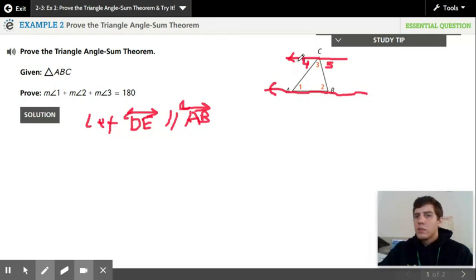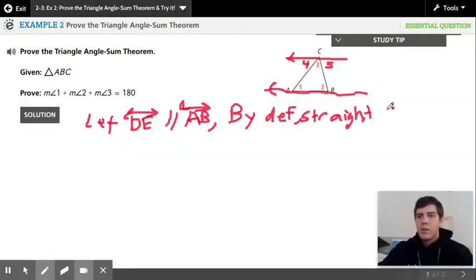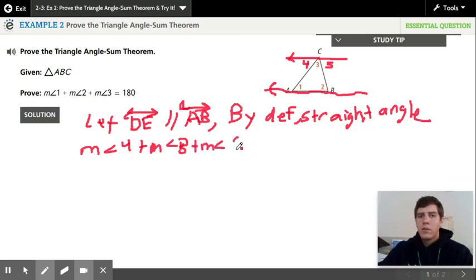If we notice, angle 4, angle 3, and angle 5 add up to a straight line. So we know that by the definition of a straight line or straight angle, the measure of angle 4 plus the measure of angle 3 plus the measure of angle 5 is going to equal 180.